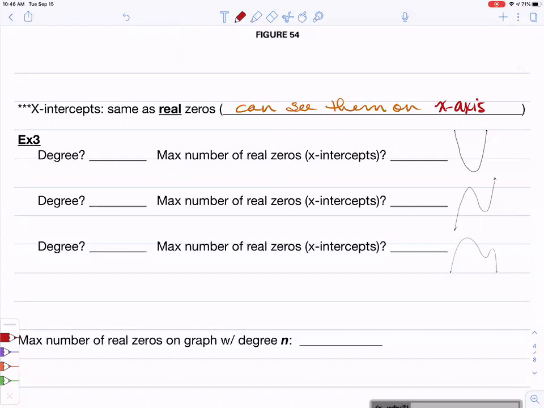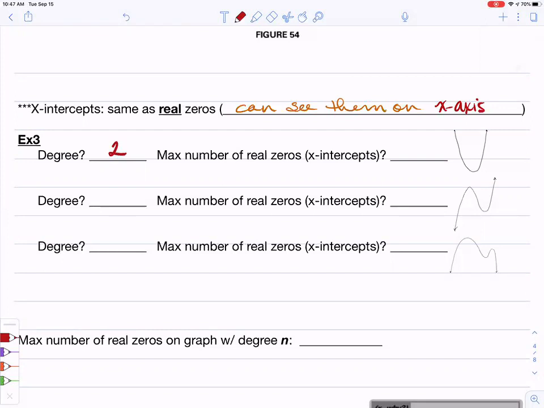So look at my pictures out on the right. What is the degree of the first picture? Okay, it's 2, because that's a lot like everything we did in chapter 3. So let me write that down. How many x-intercepts could I have?